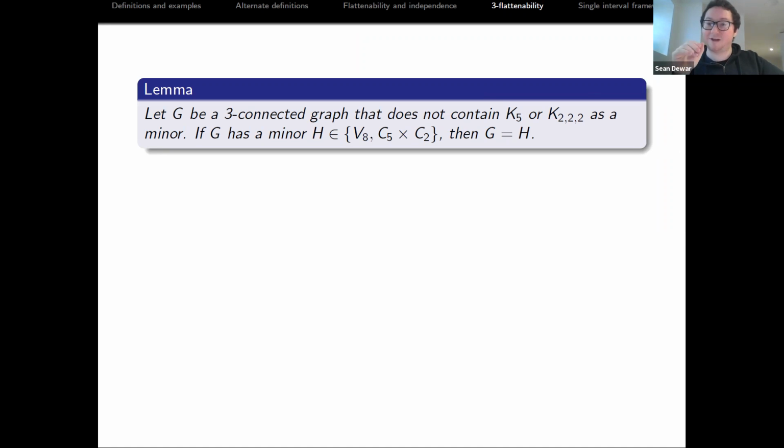So the only case we have left to check is if we have a graph that doesn't contain this or this, but it does contain one of these two. And we're going to say that if we have this, then the graph is V8 or C5 cross C2. And then by proving that those two graphs are 3 flattenable, we've finished the proof.